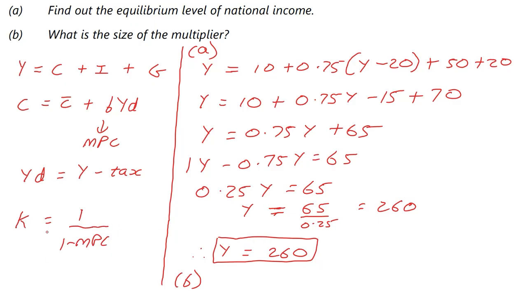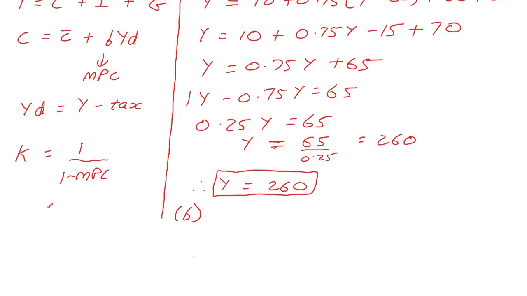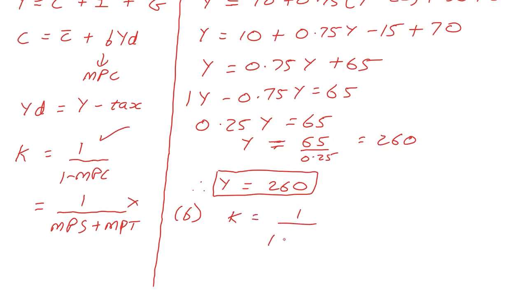So we have potentially another formula, which we don't really need to use here, but just for your information, think of the leakages. So 1 upon MPS plus MPT, marginal propensity to save and marginal propensity to tax. But don't bother, we don't really need this. If we have this, life becomes easy. K is equal to 1 upon 1 minus MPC.